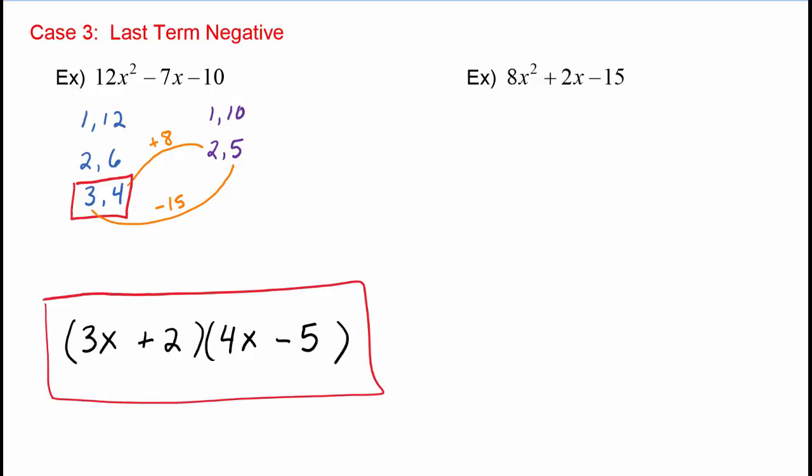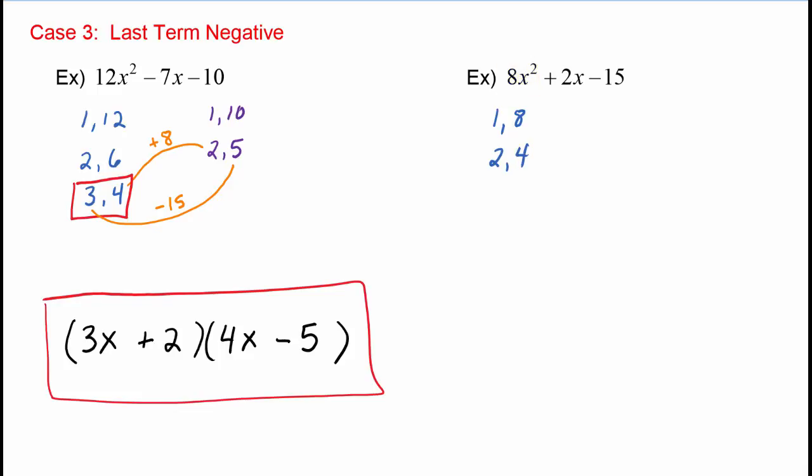In our last example, we have 8x squared plus 2x minus 15. We get the factors for the first term, which is 8x squared. So we need 1 and 8, 2 and 4.